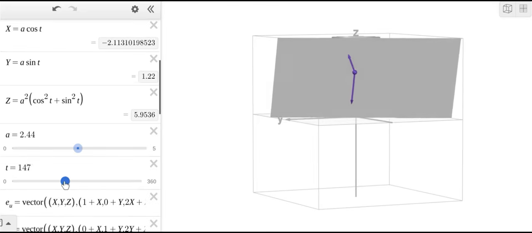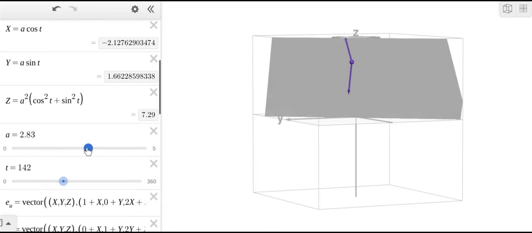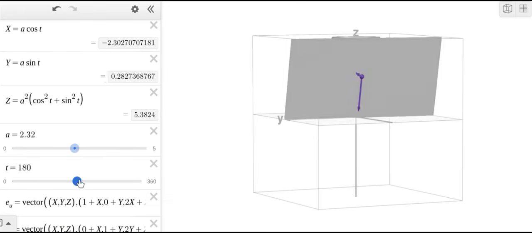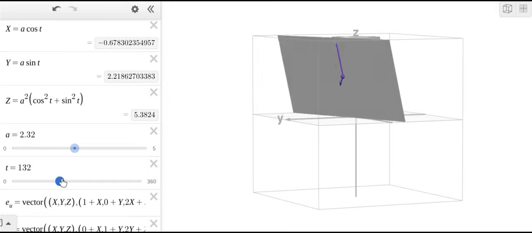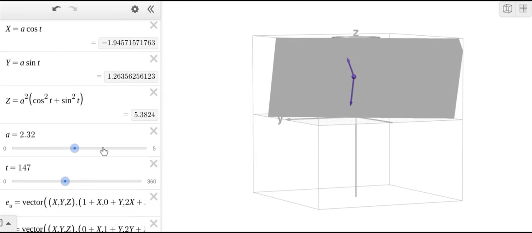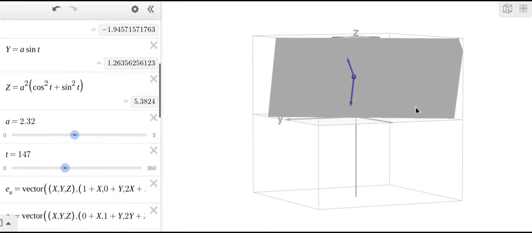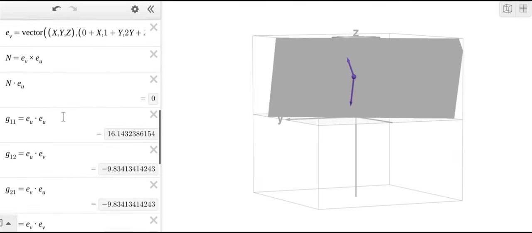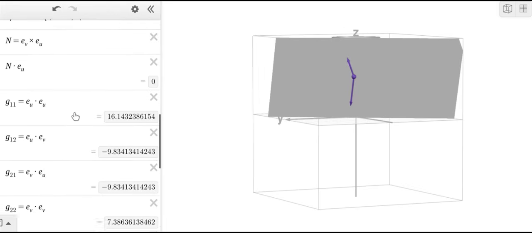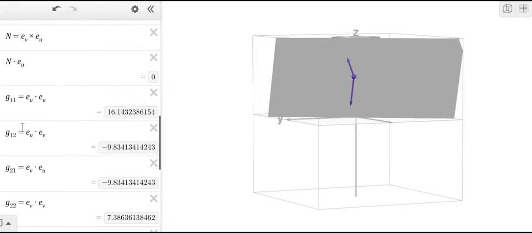That's the point, right? So if I move the radius up and down, you can see it tilt. Do you see it tilt back and forth? And then when I move it, it changes everything about them. It changes their magnitude and direction. Okay. Now, at that point, in that tangent plane, I need to stress that a lot, we could define the metric tensor, right? So we got G11, G12, G21, G22.